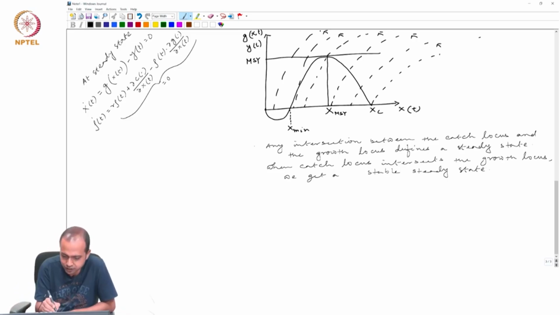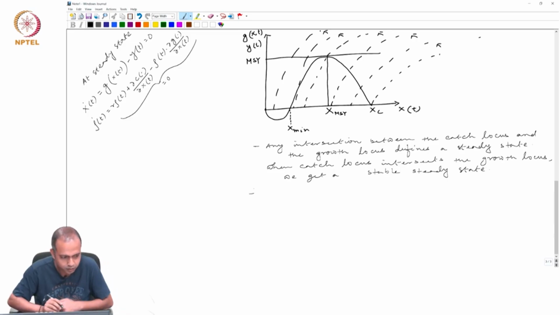Okay, we get a stable steady state. So, all these intersection points where the growth locus is actually intersecting with the catch locus, these are all economist optimum. Okay, these are all economist optimum, right?